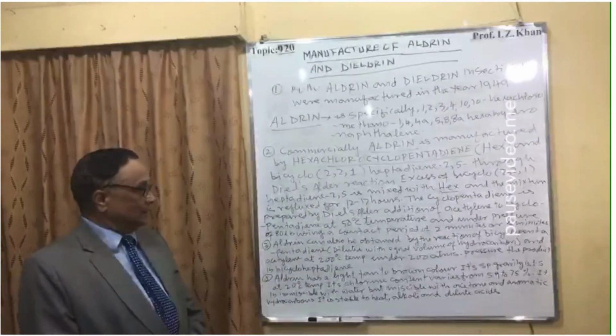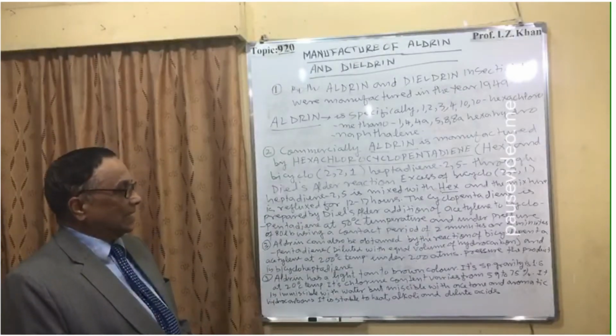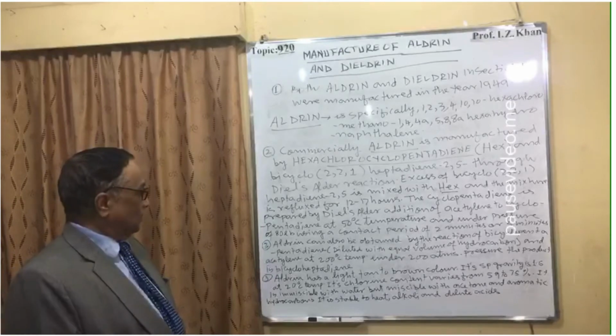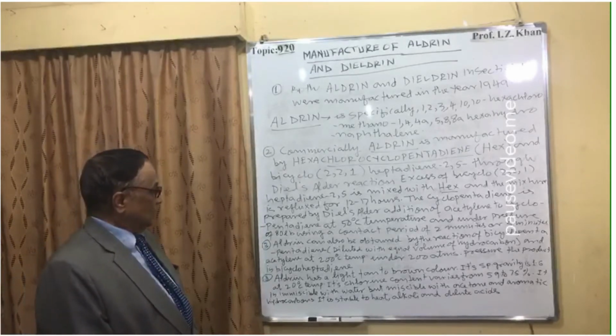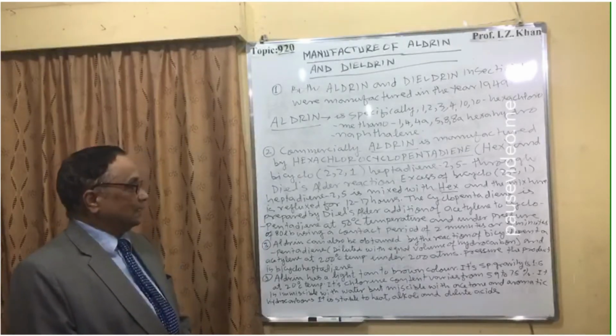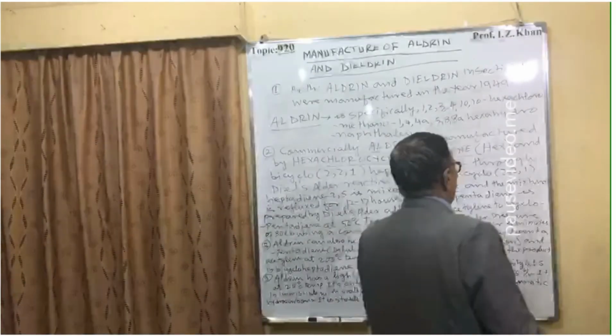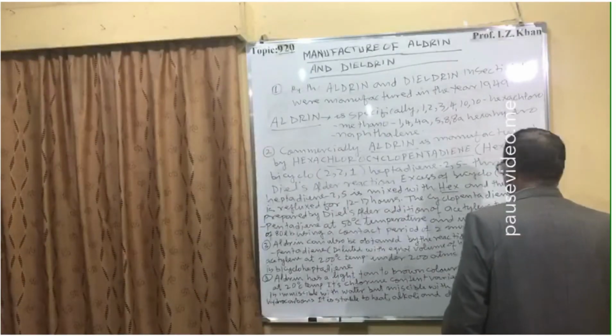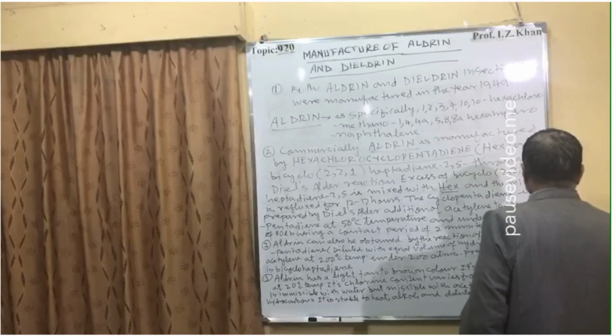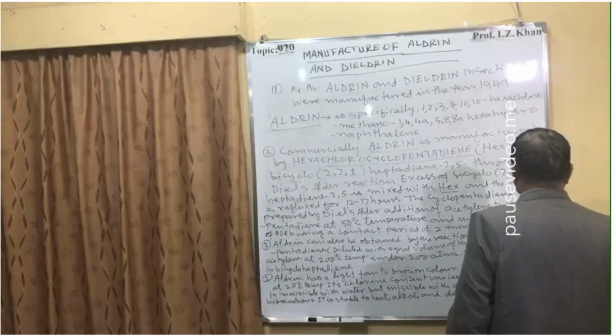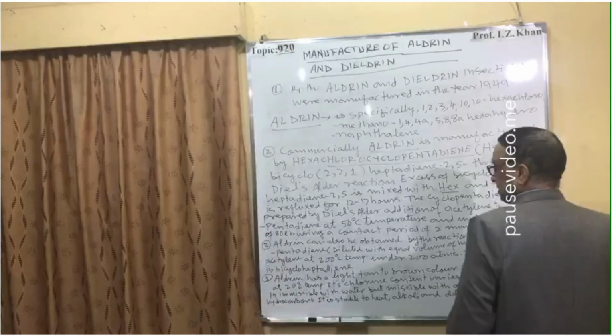Number 3, ALDRIN can also be obtained by the reaction of bicyclopentadiene, that is dicyclopentadiene.